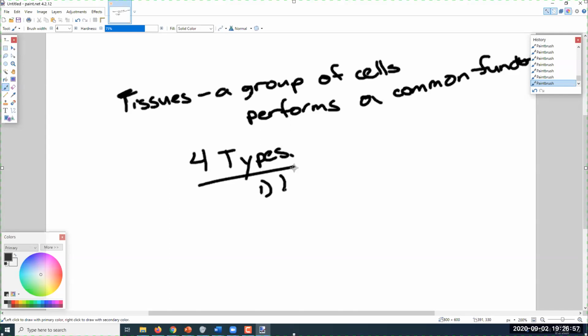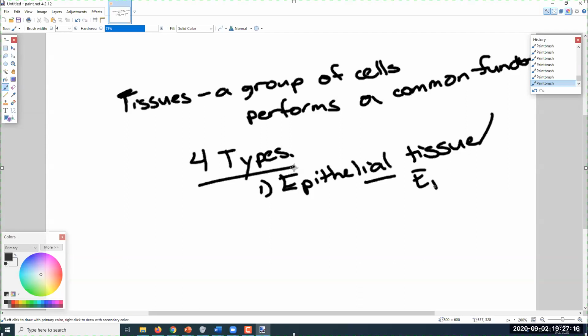First one is going to be epithelial tissue. Okay. And you'll notice that I wrote epithelial tissue. Okay, epithelial. The suffix over here shows you that it's an adjective. You could also just say epithelium.